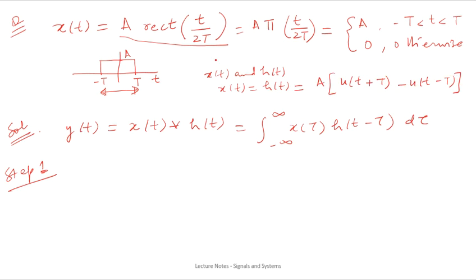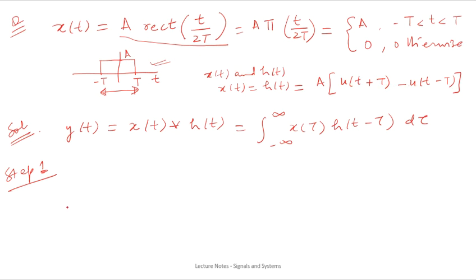Both of these actually represent the same problem. The problem can be stated in two different ways. Either find the convolution of the signal x(t) with itself, or evaluate the convolution integral for a system with input x(t) and impulse response h(t) given by this relation. This signal A[u(t plus T) minus u(t minus T)] will be the same as this rect signal.